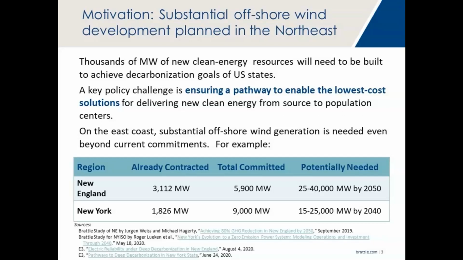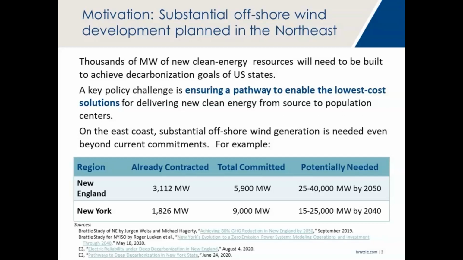And there's a lot of commitment for offshore wind. Currently, the eastern U.S. states have committed in total about 30,000 megawatts of offshore wind, of which about half are in New York and New England.